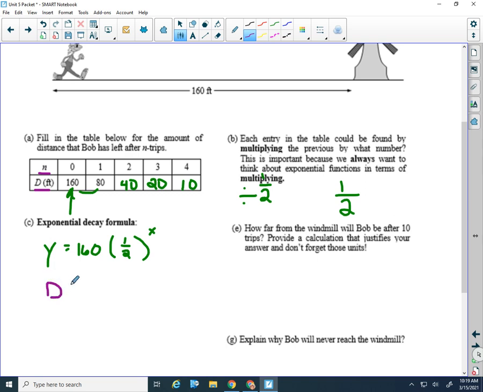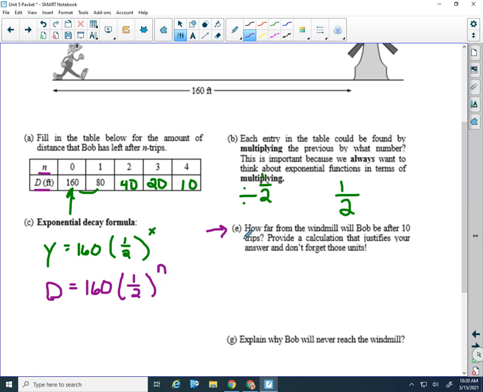So distance equals 160 times 1/2, and instead of x, it's the number of trips. A lot of times it helps to put your equations with the letters they give you, because then when you do the word problems, it's a little bit easier to know where to plug things in.